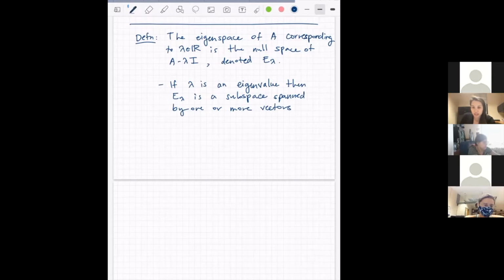So this is saying that if you do have that lambda is an eigenvalue, the corresponding eigenspace will be at least dimension 1. You'll have at least one eigenvector in one direction, right? Which actually gives you infinitely many eigenvectors because everything in that span is also an eigenvector. And the eigenspace, being a null space, is a subspace of R^n when A is an n by n matrix, right?